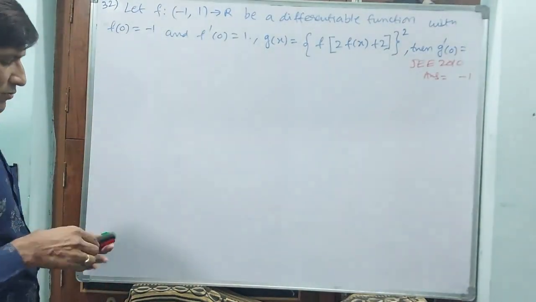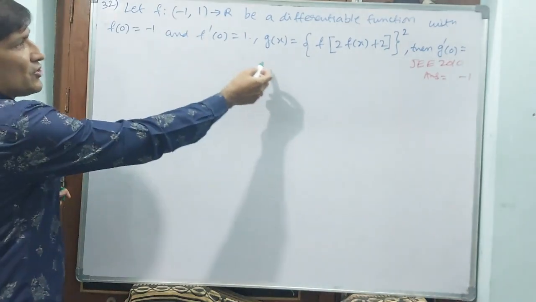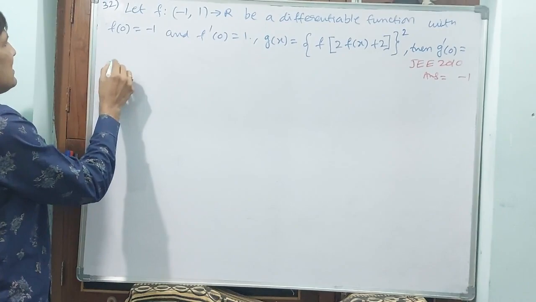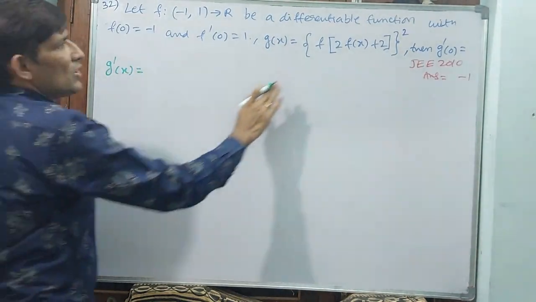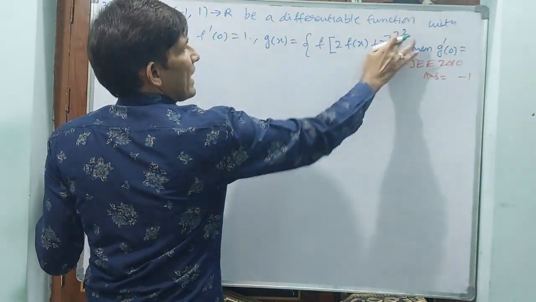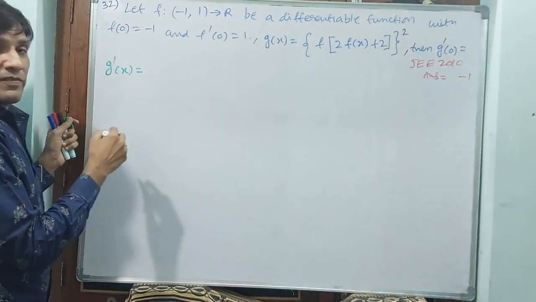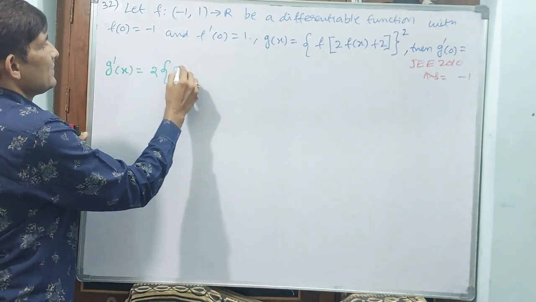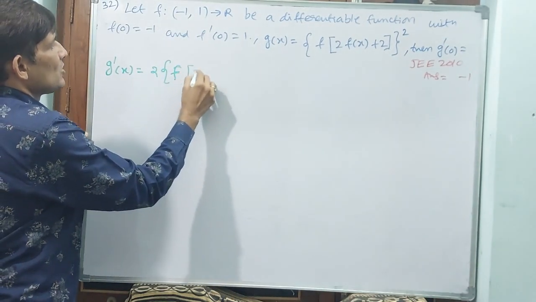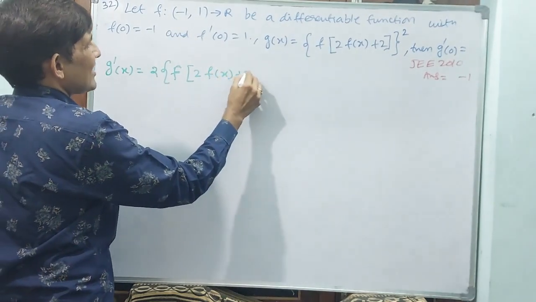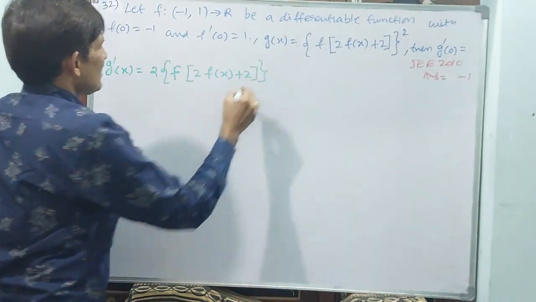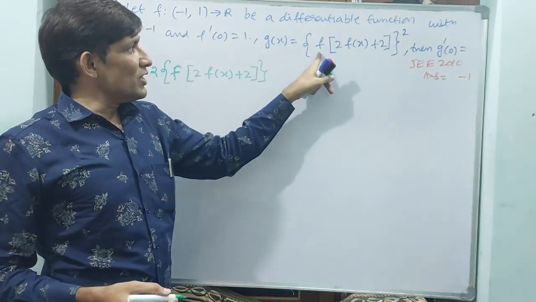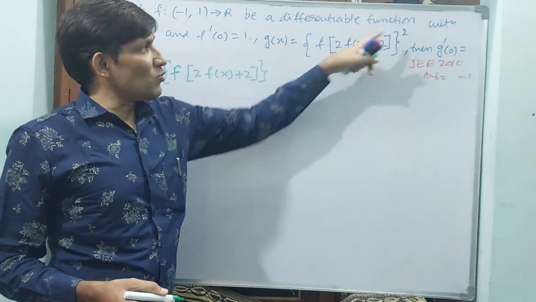Now see how I am tackling this question. g dash 0 they are asking. See, you find g dash x first. g dash x is equal to, first, the entire thing I am taking as x square. Differentiation of x square is 2 times x. Okay, 2x, again including f, x square.